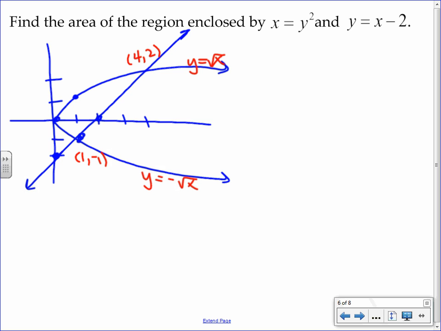Okay. There's another issue. Does anybody see it? The negative part's okay. Like some of it's under the x-axis? Is that what you meant?